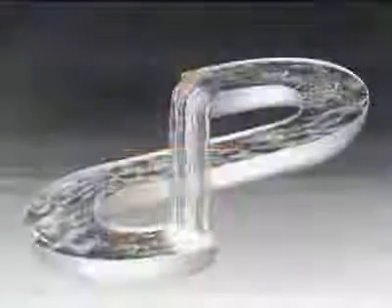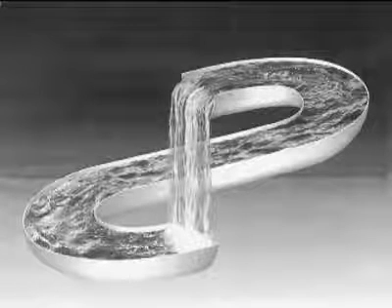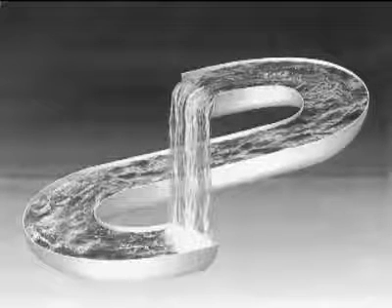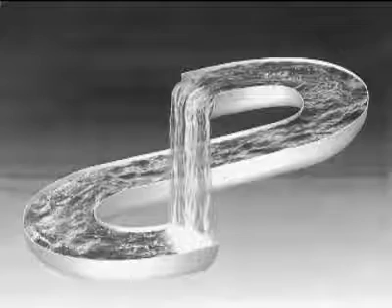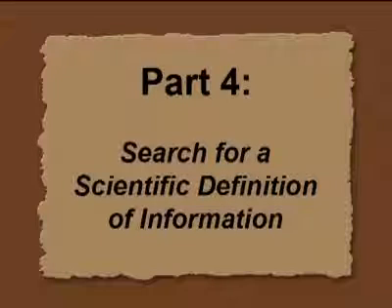Once again, this picture with water which is running up this way and falls down. We can say it is an impossible process because there is a law of nature which says no. So it's an impossible process. Now we will find a definition of information, a scientific definition.